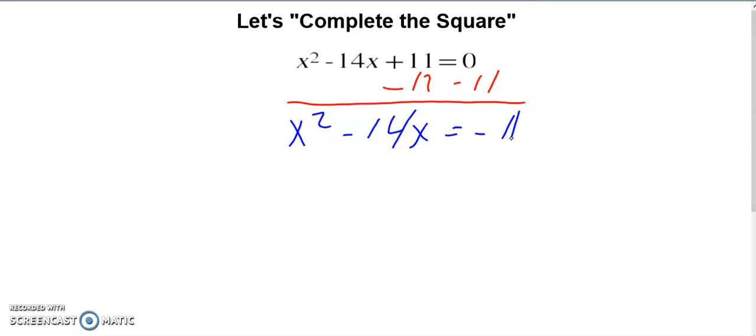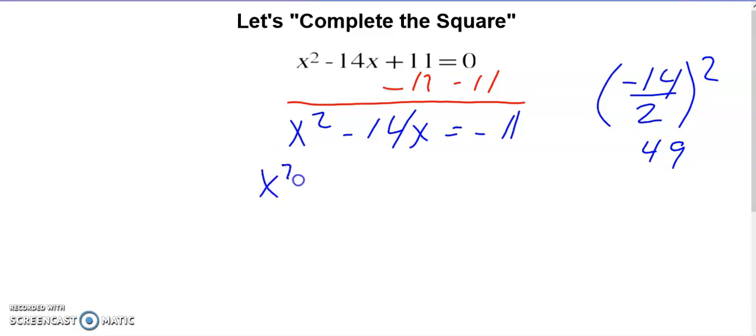We're going to take b, the number in front of x, cut it in half, and square it. That's 49. It's positive 49 because negative 14 divided by 2 is negative 7, and a negative times a negative is always a positive. b is negative, but half of b squared is always positive.